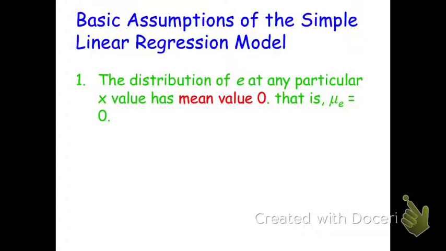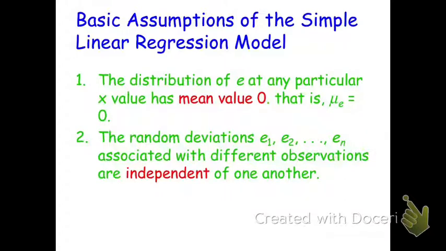The first assumption is basically that the mean of all of your errors is equal to 0. If you were to add up and average all of your errors, they would always be 0. That's just something that you check, and I'll show you how we're going to check that in a minute by making a graph. So for this one, we can just say the mean of errors is 0.